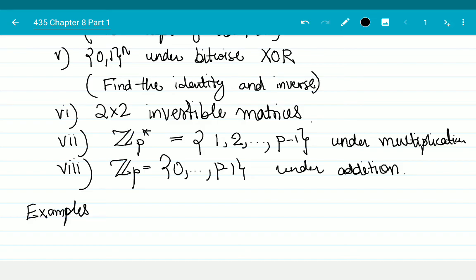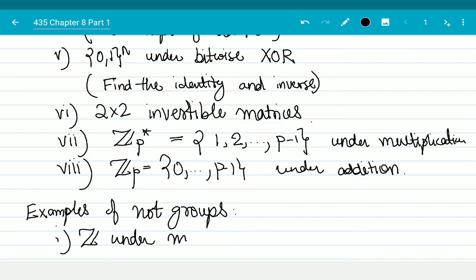Examples of not groups. First, Z under multiplication.